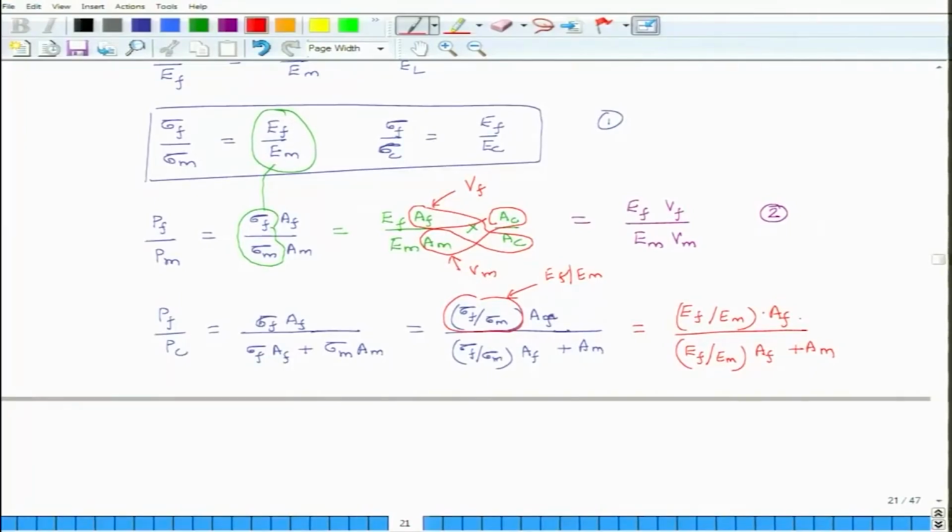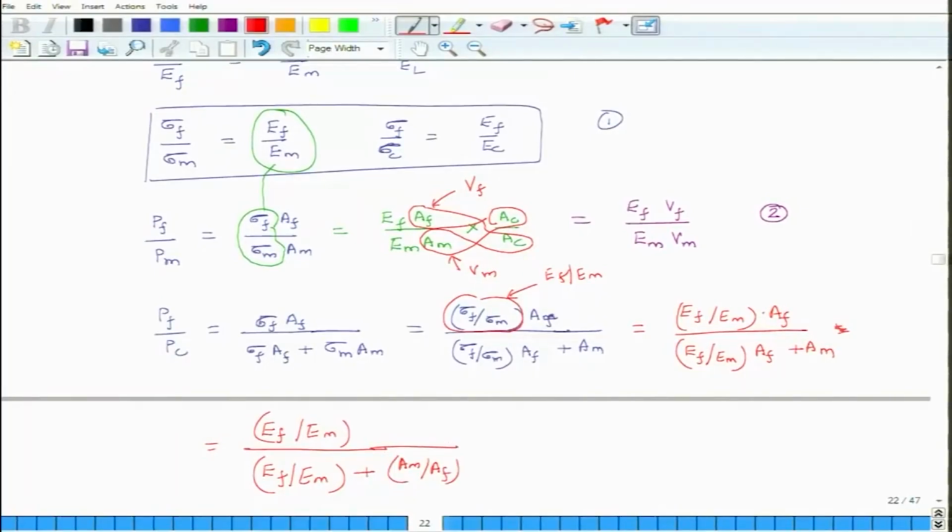And then you divide the numerator and denominator by Af. So, you divide this numerator and denominator by Af. So, what do you get? So, you get Ef by Em by Ef by Em plus Am by Af.